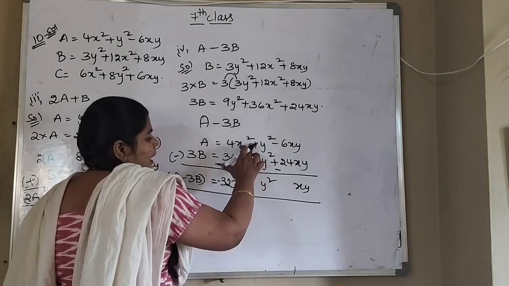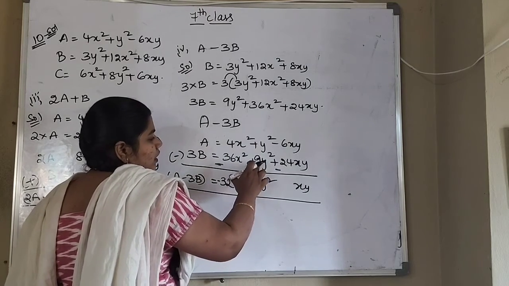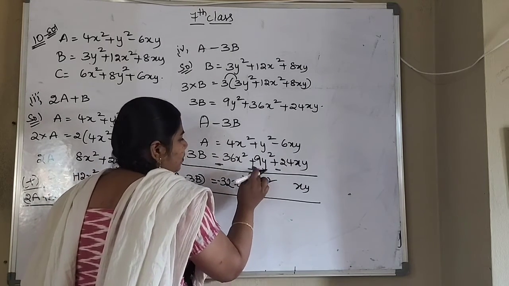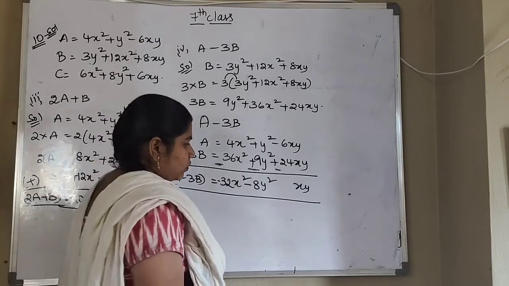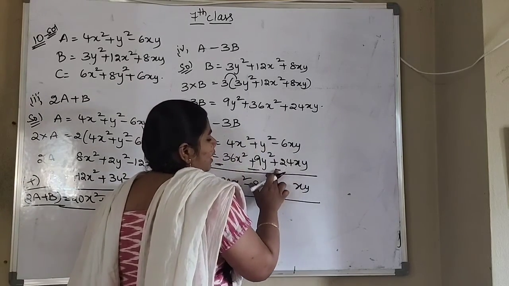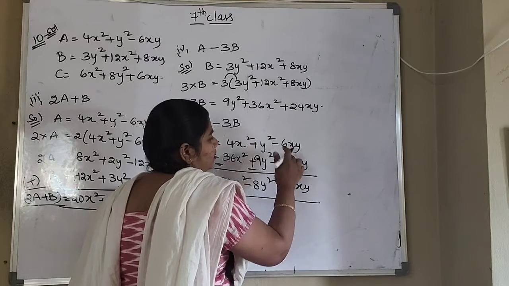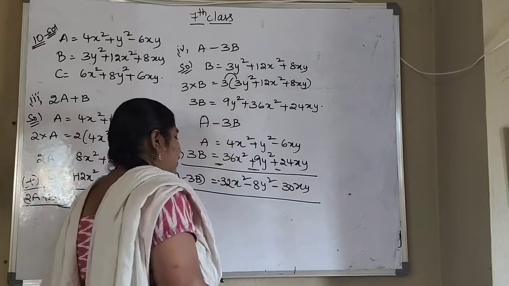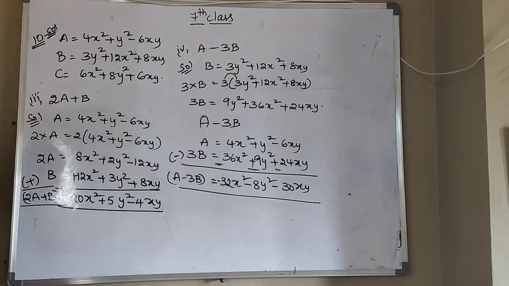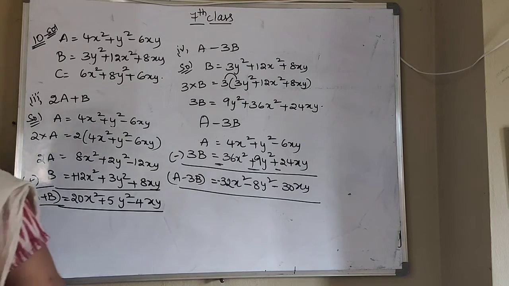Now here minus into plus will be minus. 9 minus 1 is 8, bigger number sign is minus, so you got minus 8y square, and here minus into minus is plus. 24 plus 6 will be 30, bigger number sign is minus, so what is our result? Minus 32x square minus 8y square minus 30xy.